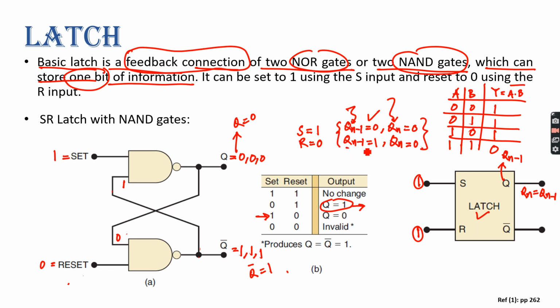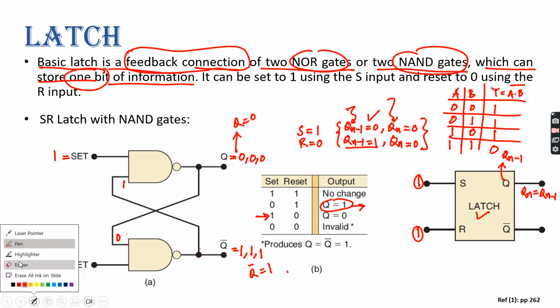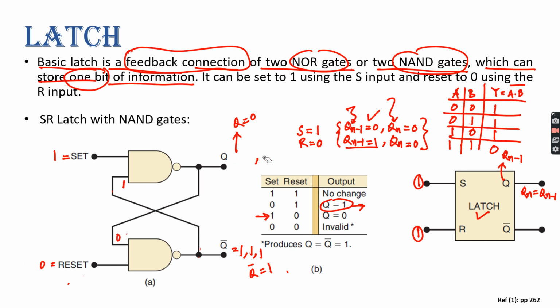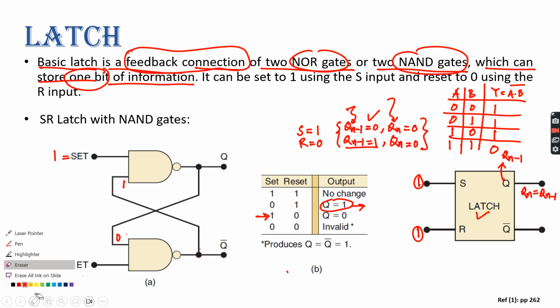If we take the second condition, what will happen? Suppose we are considering that q was 1 and q bar was 0. So this 1 will come here and this 0 will go there.